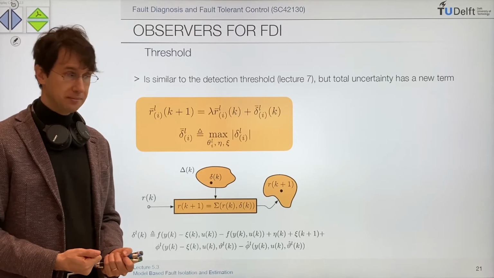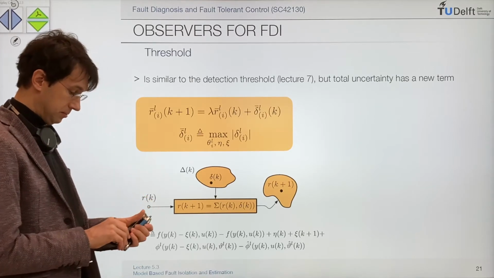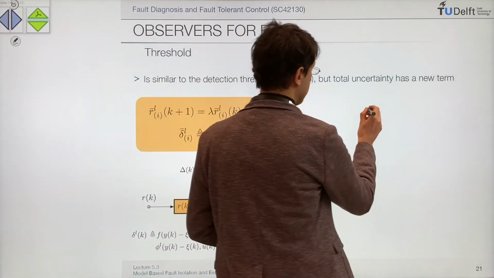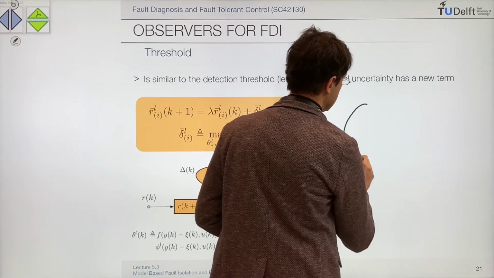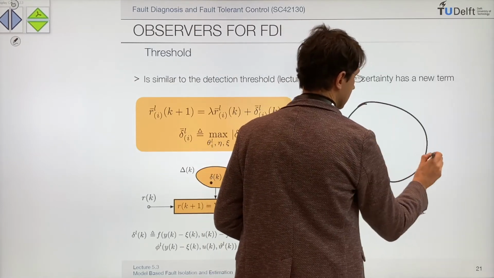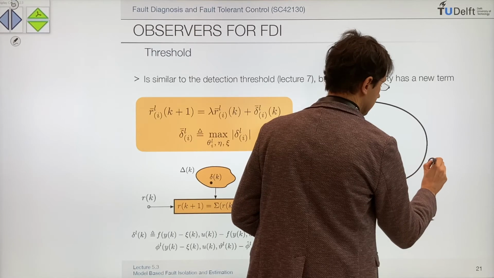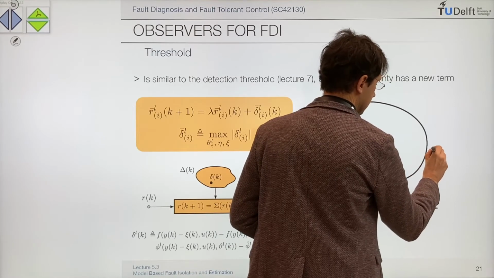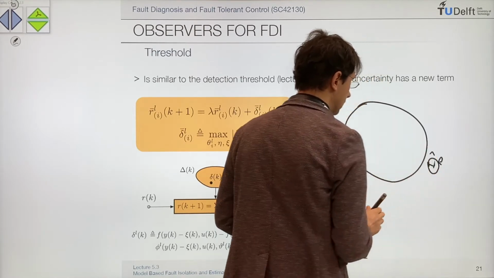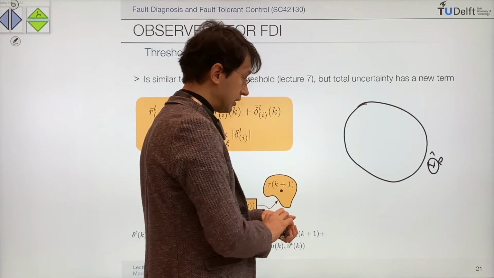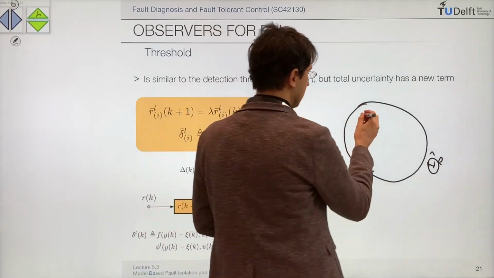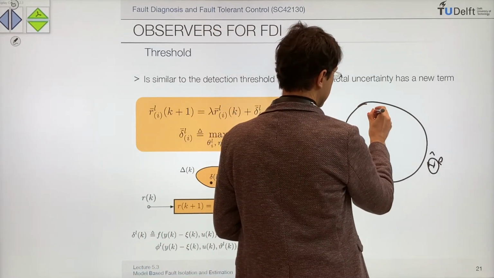So if we make that drawing again of the domain, theta hat L, and some way at least we can draw the true parameter here.